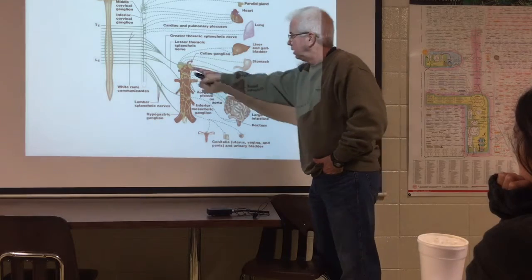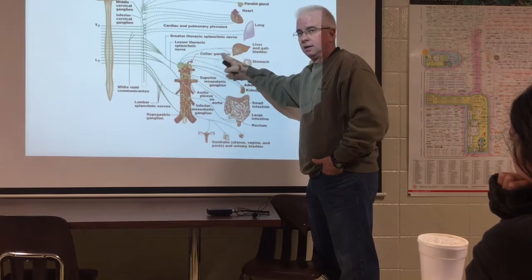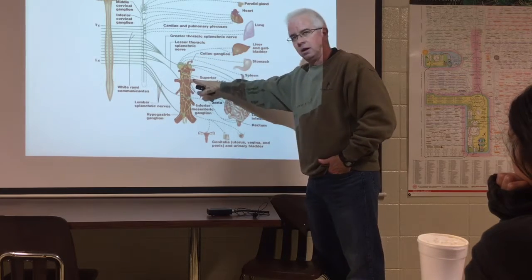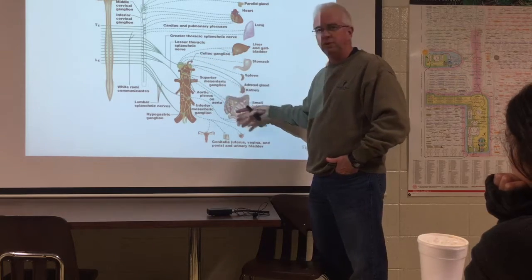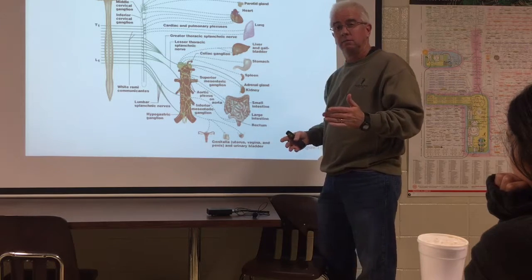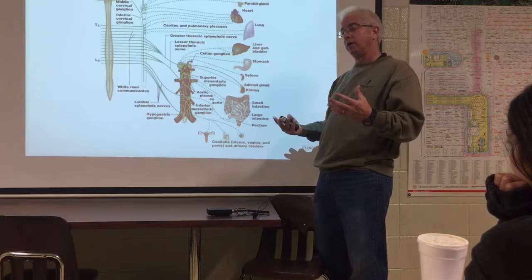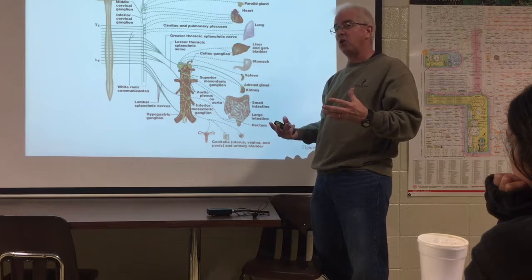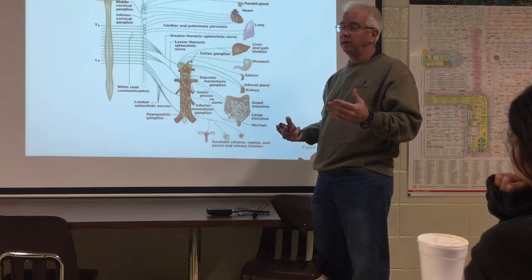Then, you see the dotted lines? The postganglionics are unmyelinated, and they go out to the various structures. So it still works. It's shorter. The ganglia are not at the targets. They're closer, but they're not there.